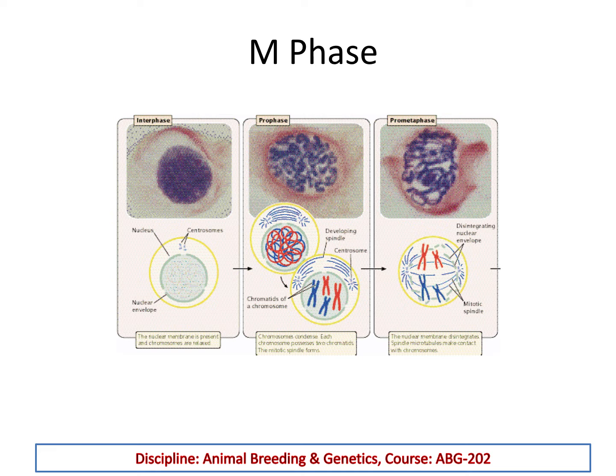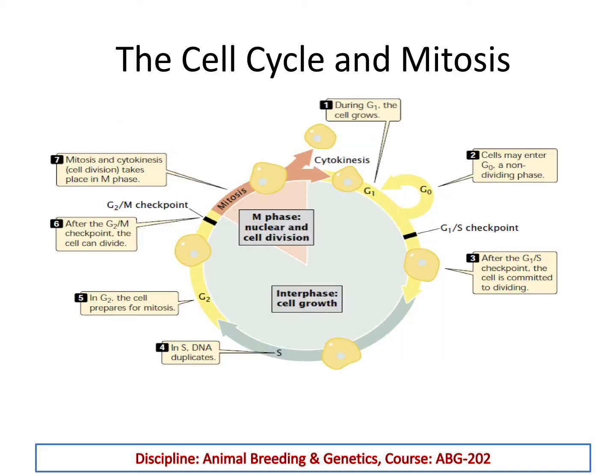You can see the nucleus, you can see the nuclear envelope here, and in the next phase, the prophase, there will be the duplication of the chromosomes that is relevant to the S phase of the cell, in which the DNA is duplicated.